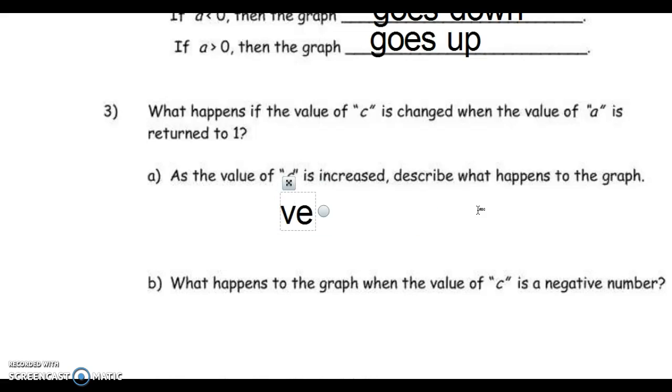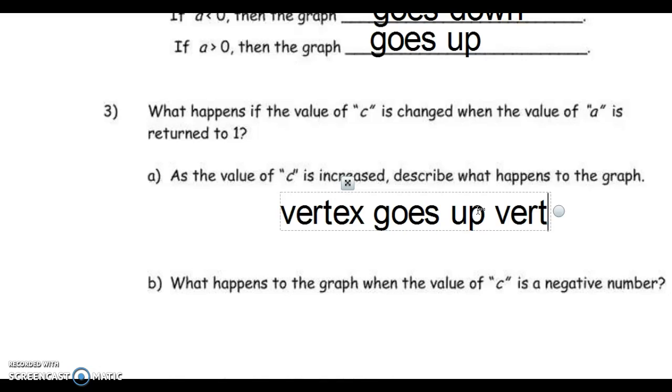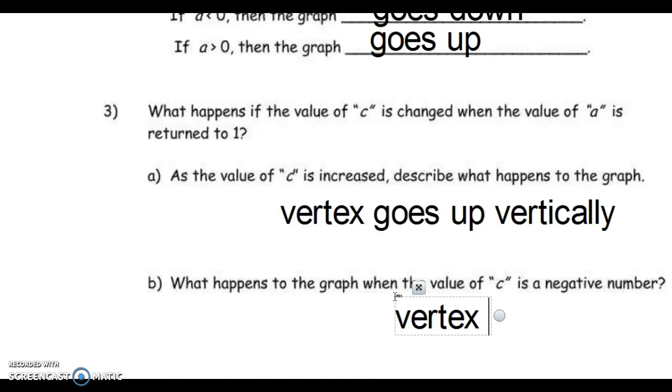The vertex goes up vertically. Okay, and now when c becomes a negative number, this next question, the vertex goes down.